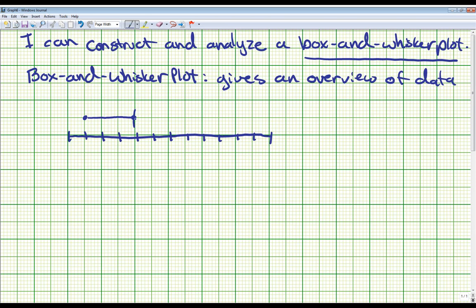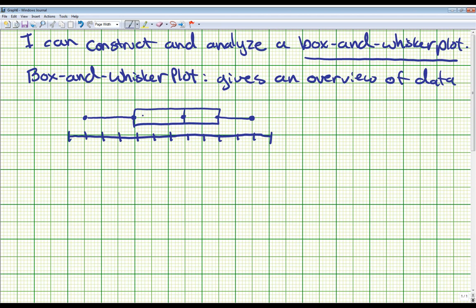And then we're going to have this end up being a box. Let's make the box look like that. We'll have another dot here, and then let's make another line here with a dot, and then let's have it go out to here. So this is our box and whiskers.